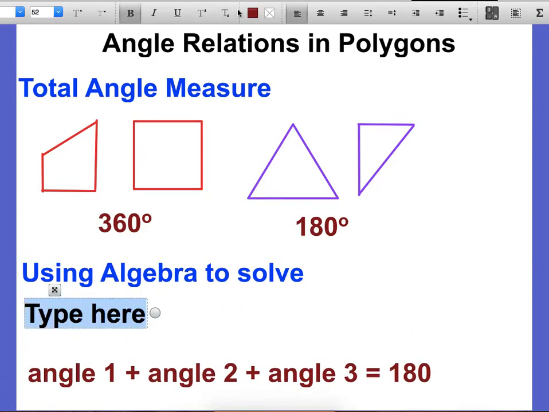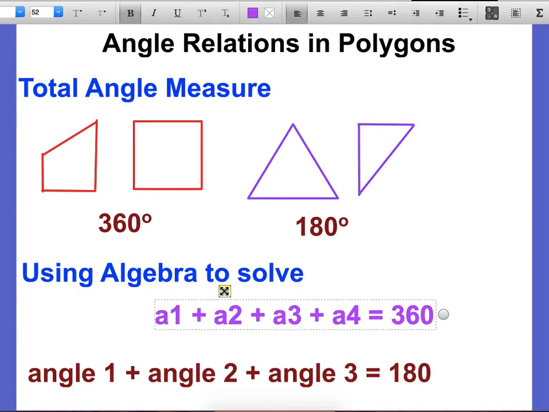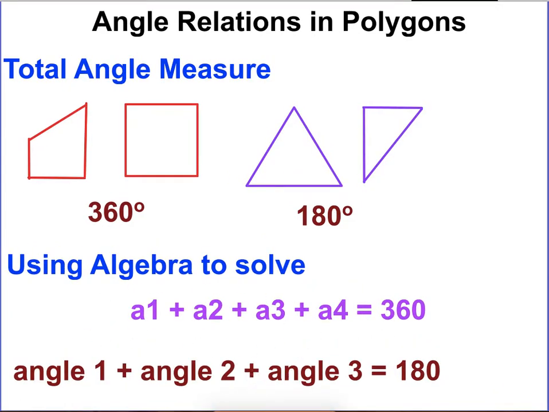If I'm looking at a quadrilateral, we'll write angle measure 1 plus angle measure 2 plus angle measure 3 plus angle measure 4. If I add all those up for a quadrilateral, they're always going to be 360 degrees. We'll look at some examples to shed some light on this. The important thing is using equations like this to solve for unknowns.